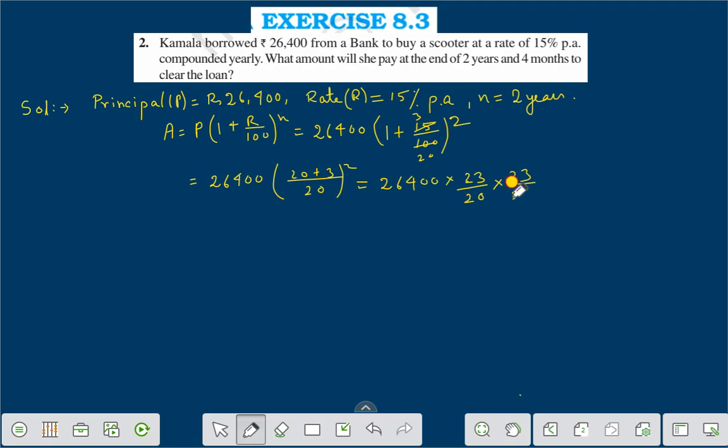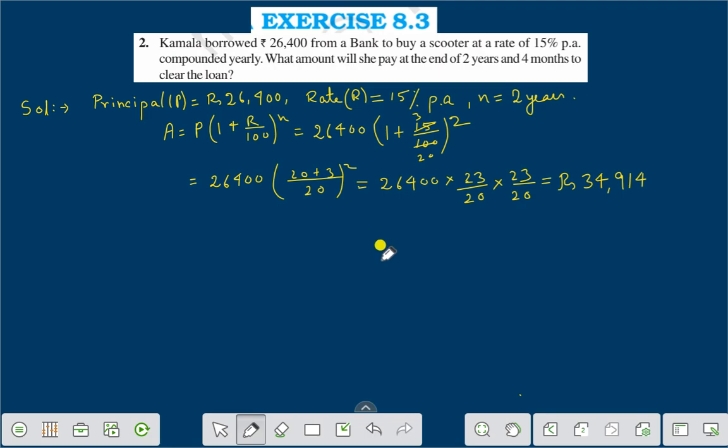After calculating this, we are getting rupees 34,914, that is the amount.